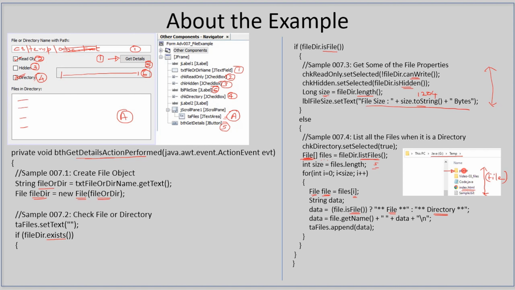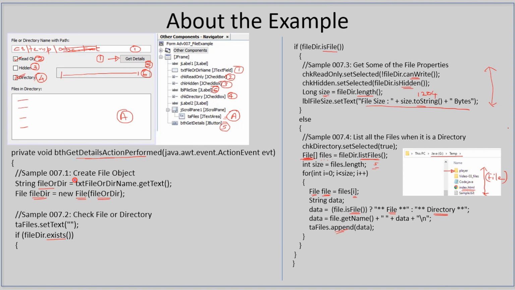So it says player directory, video -3 files directory, then code.java file. Likewise, when we are iterating, we will print that information in the text area. So this is a text area, right? So that's all.